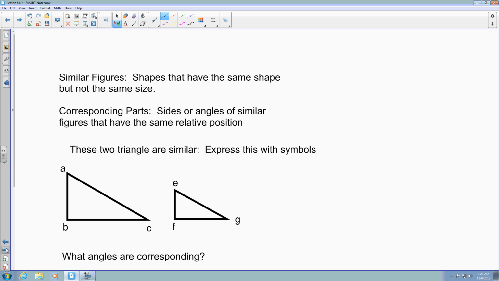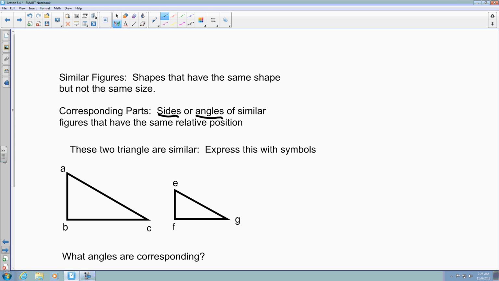So similar figures, it states, are shapes that have the same shape but not the same size. So what that means for us is we have to be able to identify the corresponding parts. All right, the corresponding parts to a particular shape have specific side lengths and specific angle measures.